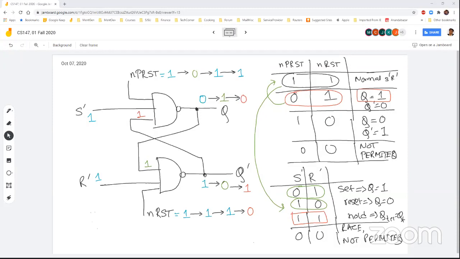And after that, if we move reset back to 1, that means the normal condition for the latch operation. Now Q bar has the 0 and this guy has a 1, so Q bar has a 0.